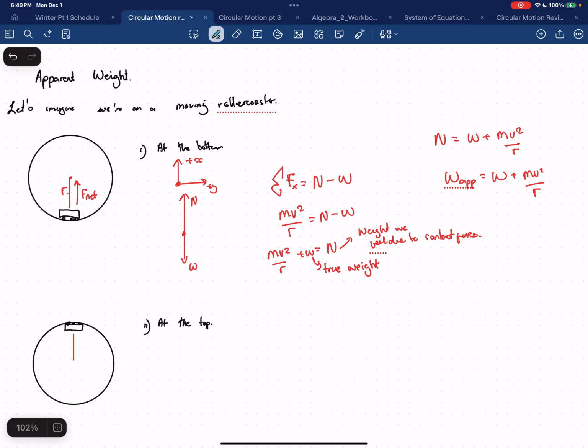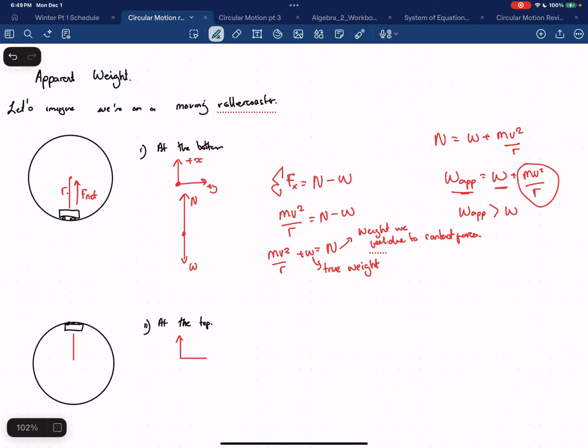So I can clearly tell you that at the bottom, my apparent weight is greater than my true weight, because my apparent weight is equal to my true weight plus this mv squared over r, basically the centripetal force.